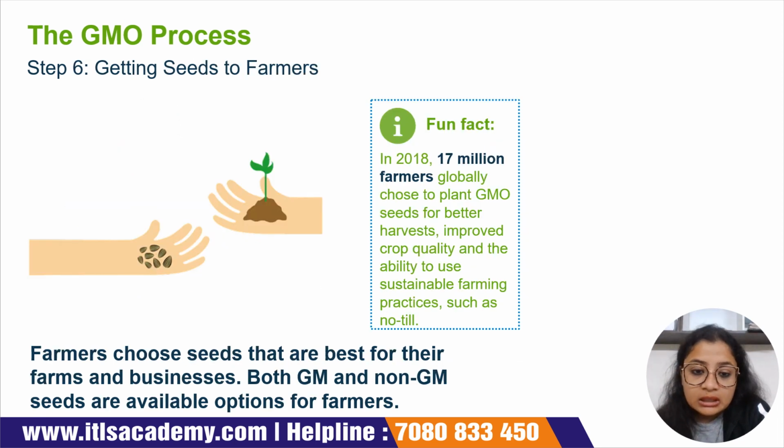Then we will go on to the next step, that is step number 6, which is getting seeds to the farmers. So after testing, the ultimate thing that we need to do is to hand over those seeds to the farmers, because ultimately farmers are the ones who give us food, isn't it? It is very unfortunate that nowadays farmers are going out and protesting on the roads.